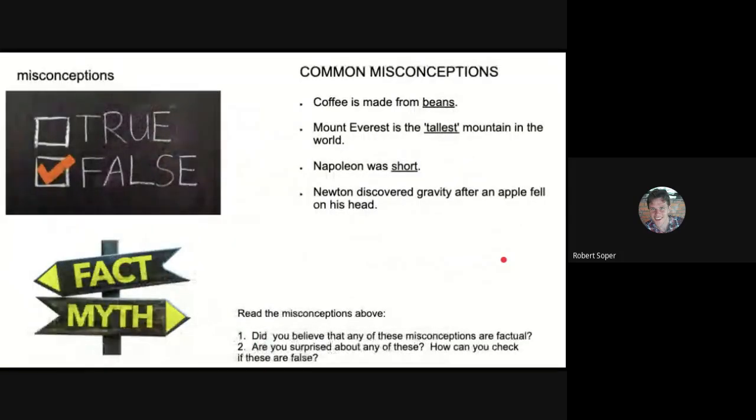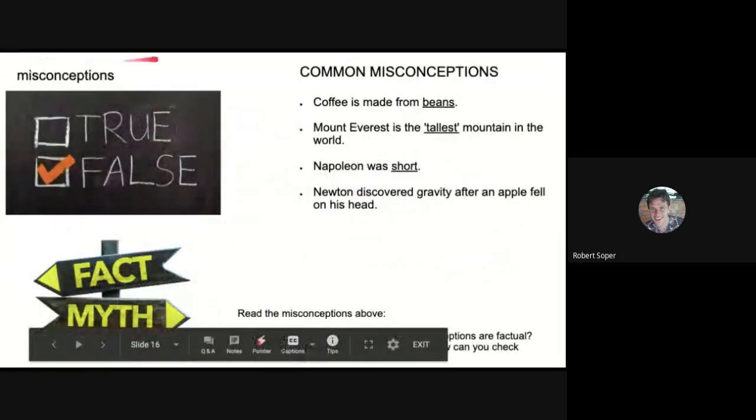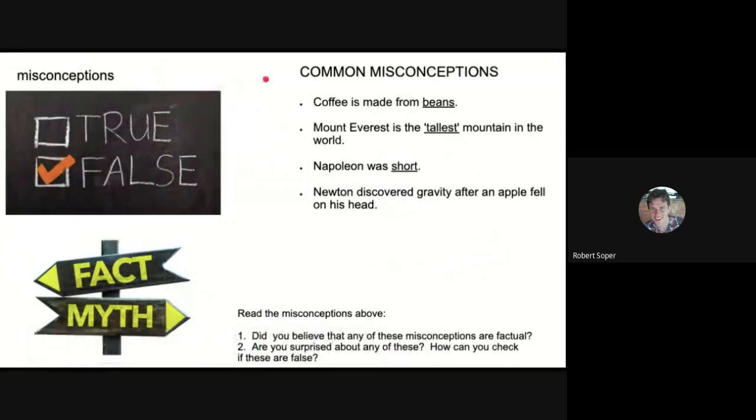Okay, let's talk a bit more about this word misconceptions. So here are some common misconceptions. We have the common misconception that coffee is made from beans. We have a common misconception that Mount Everest is the tallest mountain in the world.